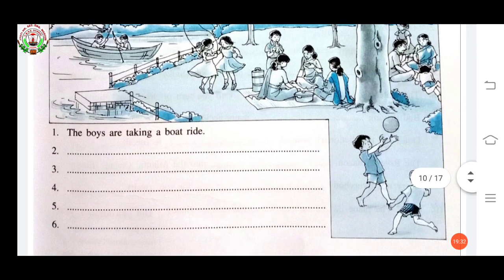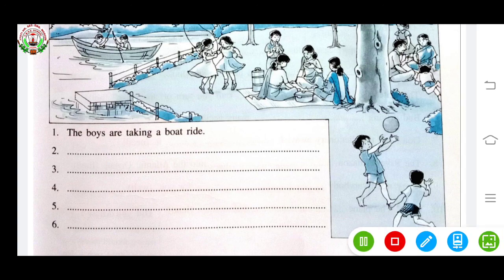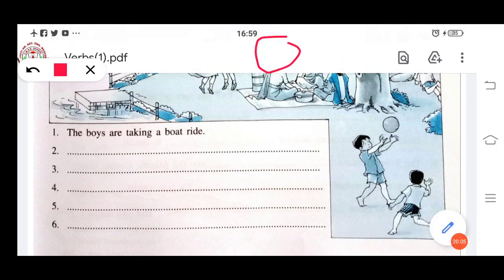Now second sentence you can make. Two boys are playing with a ball. Next you can write two girls are skipping, or you can say two girls are playing skipping. Next, a boy is drinking cold drink. Here you can see one boy is drinking cold drink.